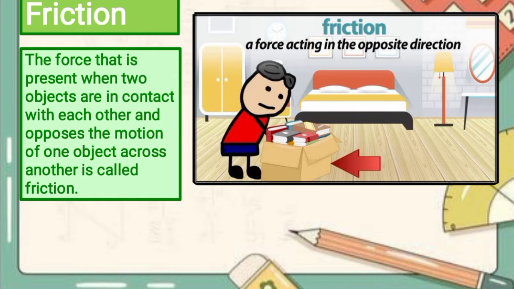So, we need this force of friction in our actions like to walk, run, play or for any other task. But if there was no friction, we would not be able to walk, play, run, or do any such activities.